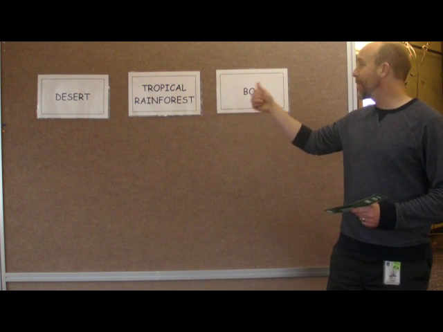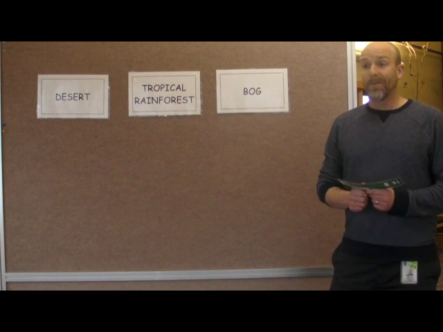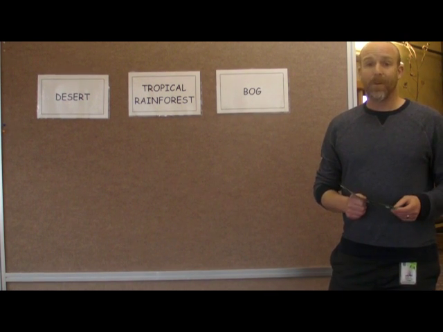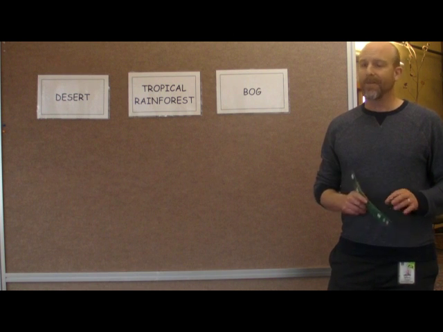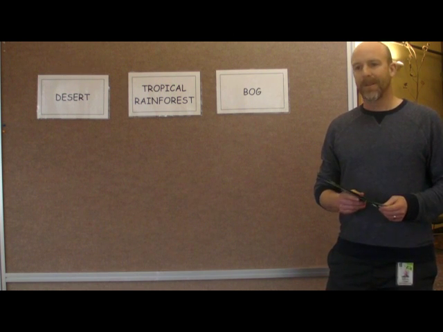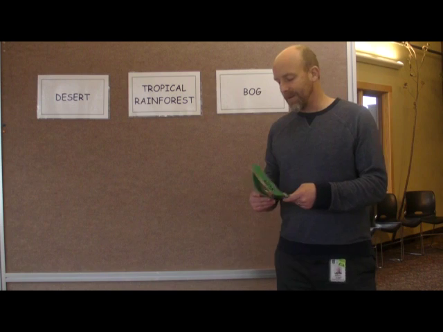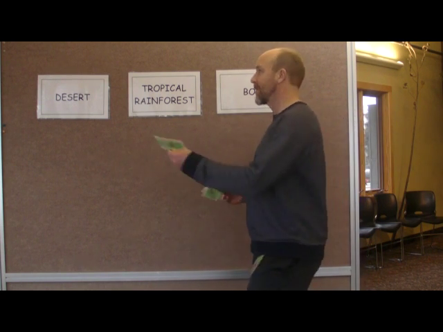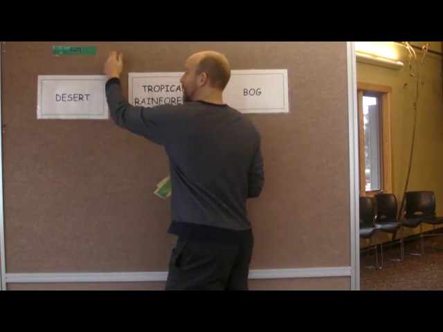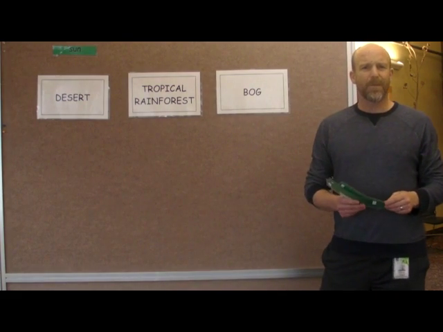So before we get started with our adventure of visiting the desert, tropical rainforest, and the bog, we really need to identify what are the things that all plants need, regardless of where they're living. And one thing all plants need is sunlight. What else do all plants need?